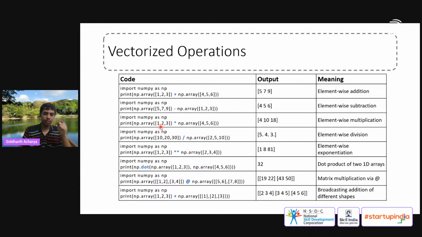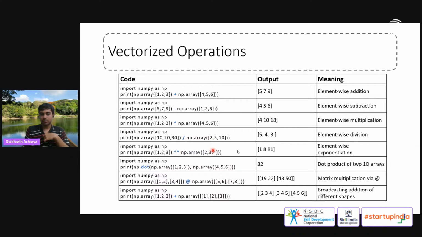This is array level multiplication, so element wise it multiplies. 1 into 4 gives me 4. 2 into 5 gives me 10. 3 into 6 gives me 18. So this is an array level, element wise operation. Similarly, we have division as well, also an array level element wise division.